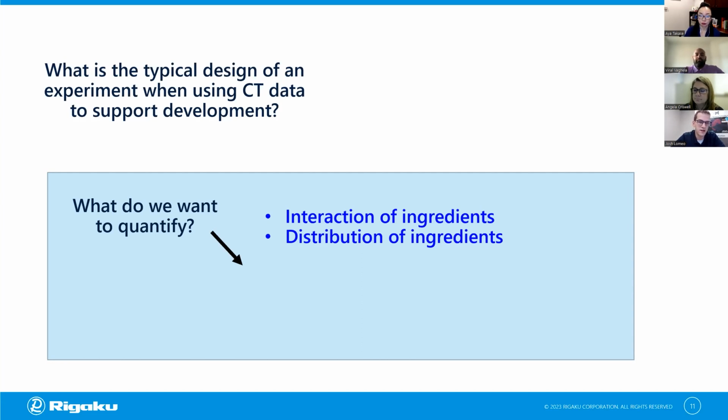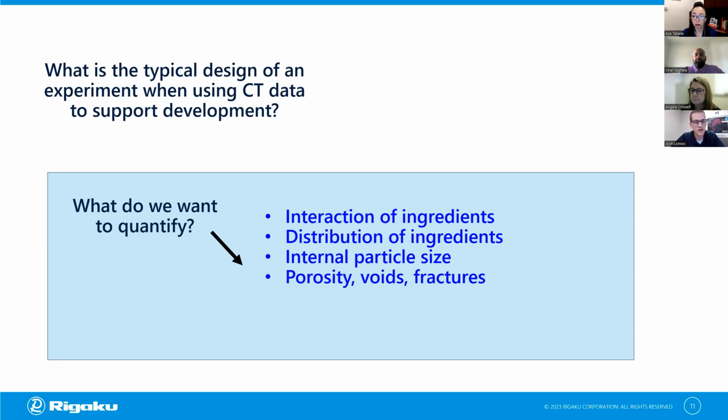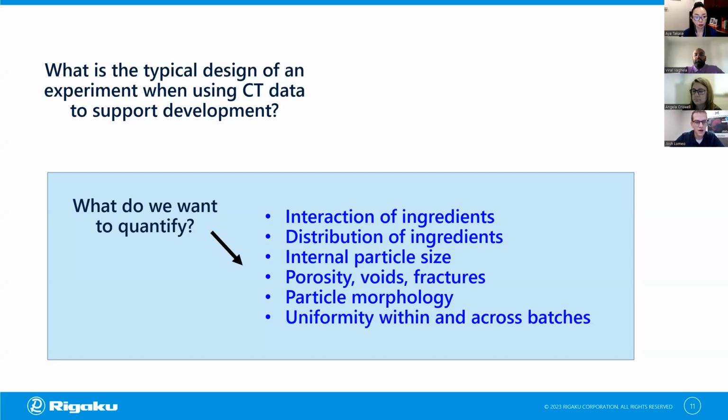So do we want to understand if everything is uniform across the drug product or if there are perhaps some heterogeneities? The internal particle size is oftentimes a measurement we're making. The assessment of porosity, voids, and fractures often comes up. Particle morphology is another area that can be either within the drug product or within a powdered intermediate, like a spray-dried particle or a granule. And then uniformity within and across batches.